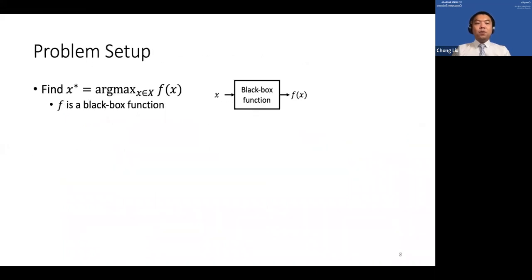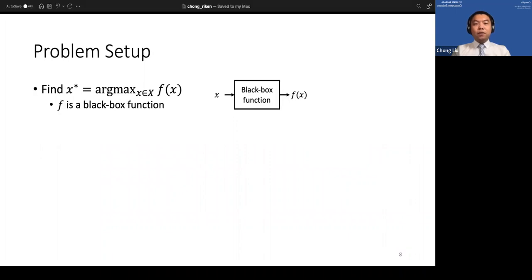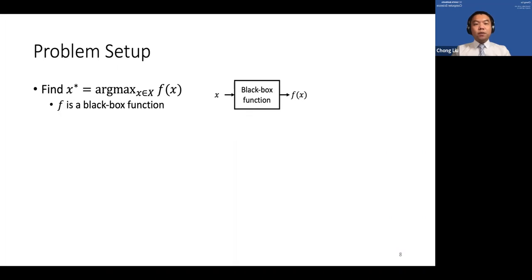Let's move to the problem setup. Right now, I have the black box function, which I call f(x). My goal is to find the x star such that it maximizes f(x). Here, f is a black box function. What does it mean? It means that I have no information about whether it is a linear function or nonlinear function.